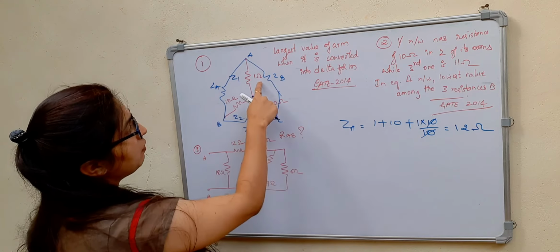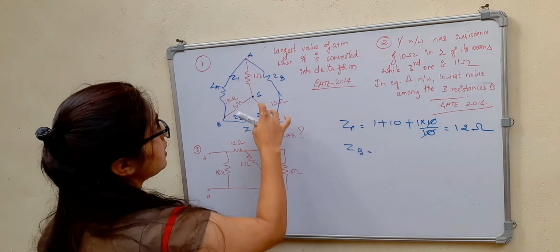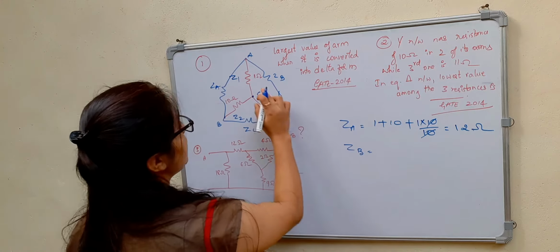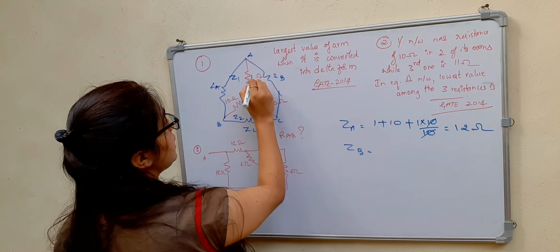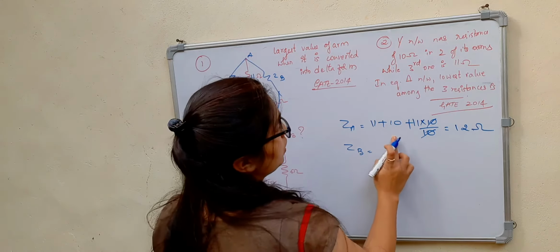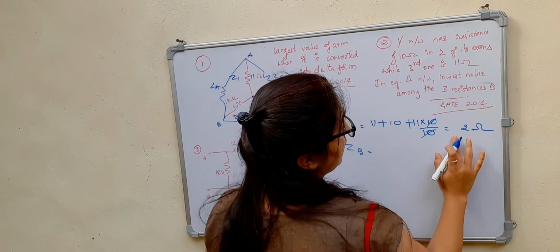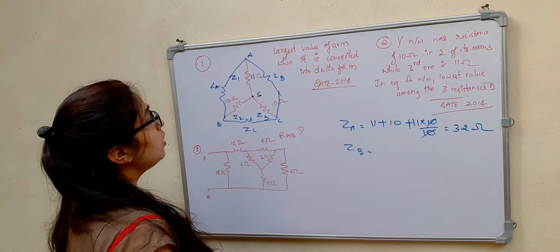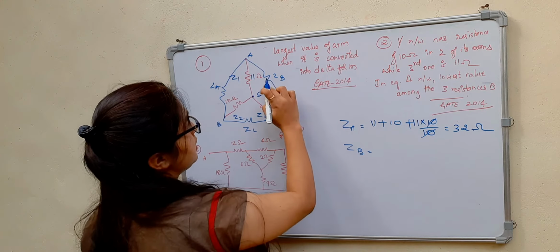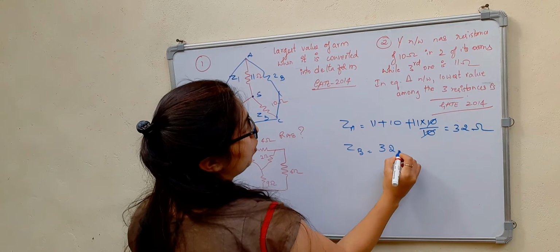So next we have another one, that is ZB. ZB is nothing but it is 11. It's not 1, it is 11. So 11 plus 10, plus 11 into 10, so this will be equal to 22 plus 10, that is 32 ohms. Next is ZB, ZB also we have the same 11 and 10, so that is 32 ohms.